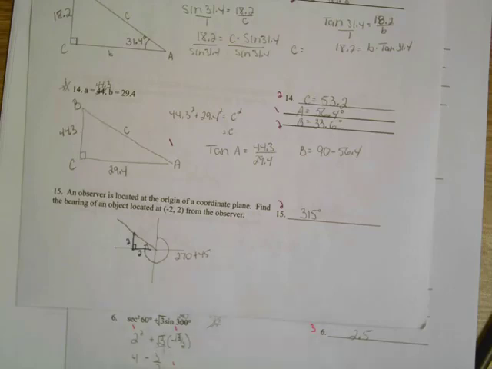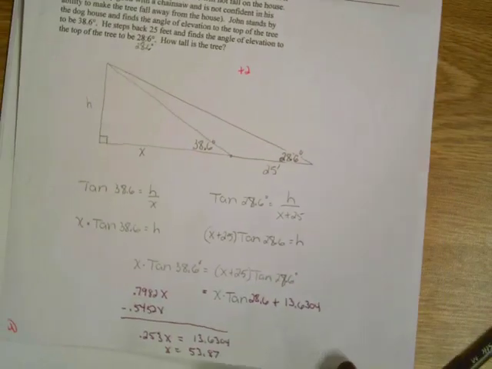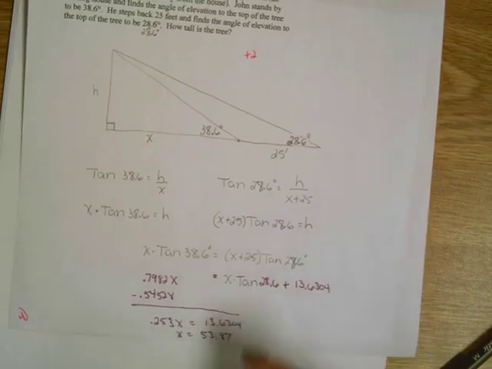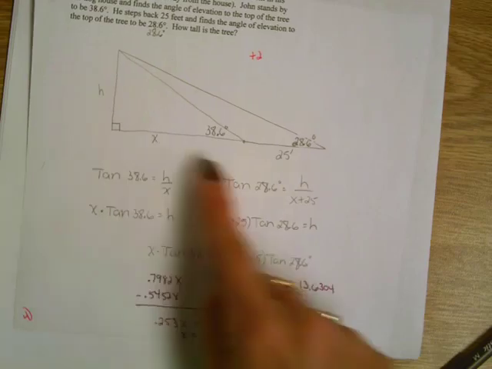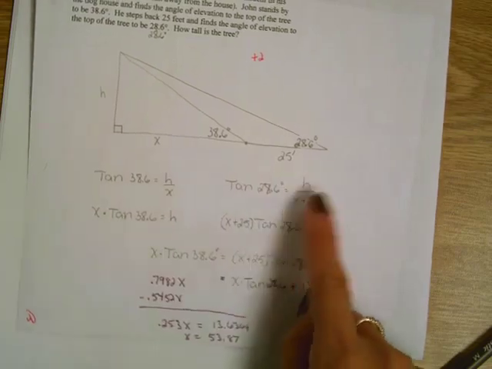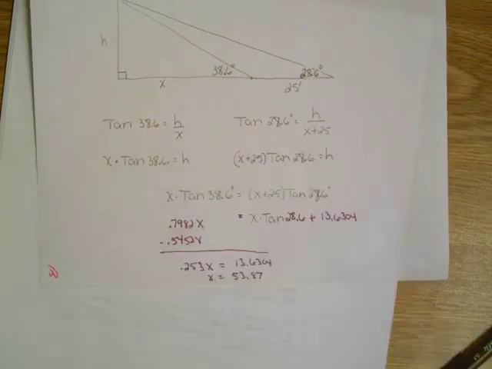Adam. First, how do you do the extra credit on Form A? You gotta write your two tangent problems and then set them equal. Okay. Like the tangent on the inside, h over x, and then tangent out there, h over x plus 25. Okay, so get them both h equals, set them equal, solve for x, plug it back in and get h.